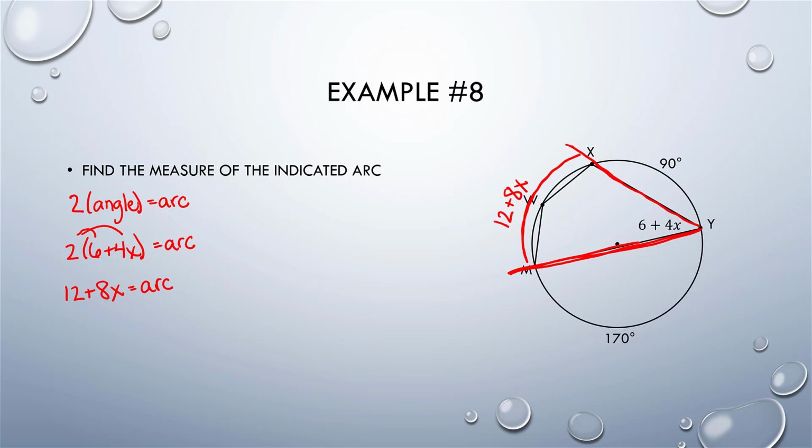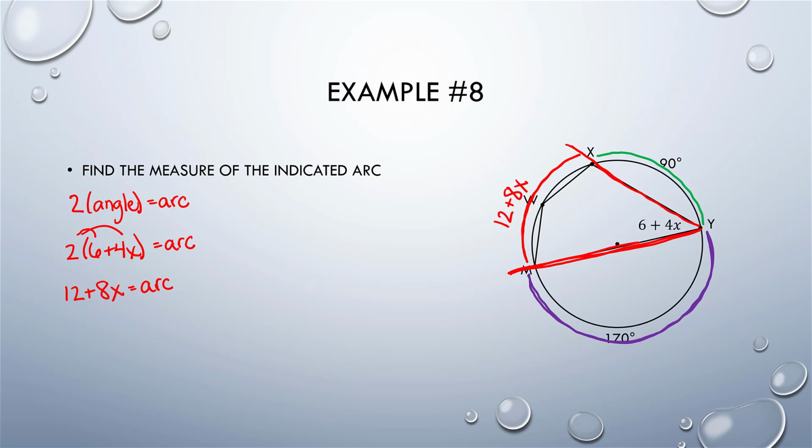So the other piece of this problem here are these measures, 90 and 170. And when I color those, you'll notice that we've made a full circle between the red, the green, and the purple.